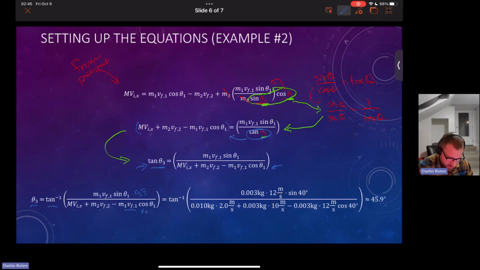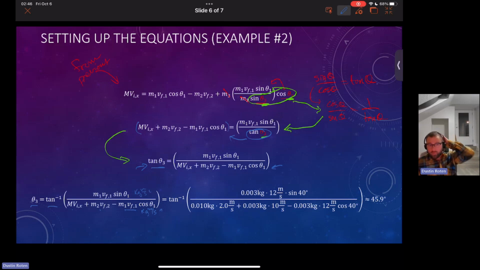So even when I add these up, we'll have a kilogram meter per second in the denominator as well. This is a good check when you're doing math symbolically. You need to make sure that you're going to wind up with the correct units, because if we get momentum units on the top and the bottom, they'll cancel out, and we'll make sure we wind up with a unitless number.